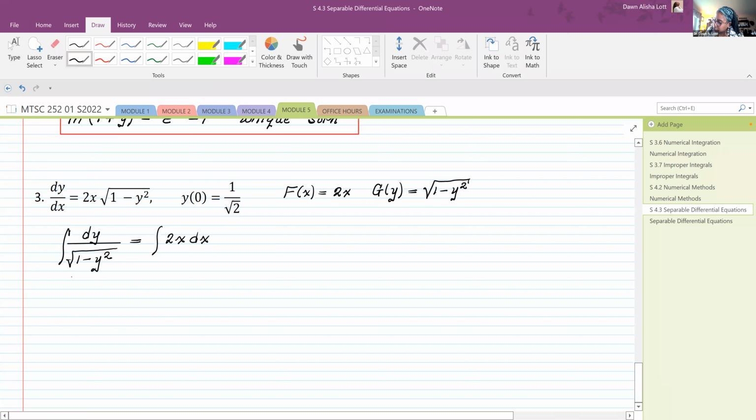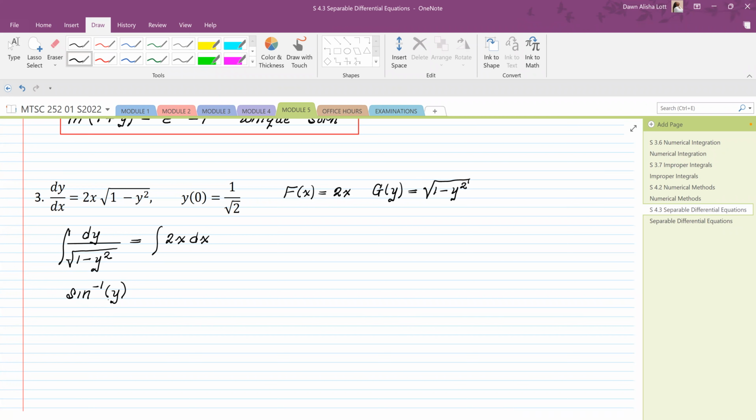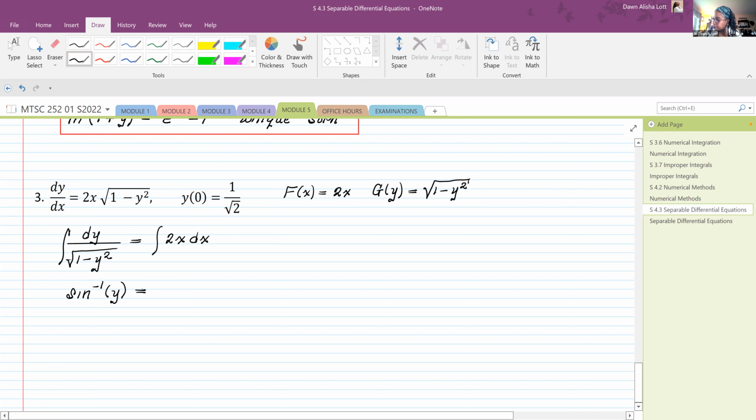So what did you get? So you got the sine inverse of, and it's supposed to be y over the constant. You are so right. But what's our constant in this problem? 1. Good.